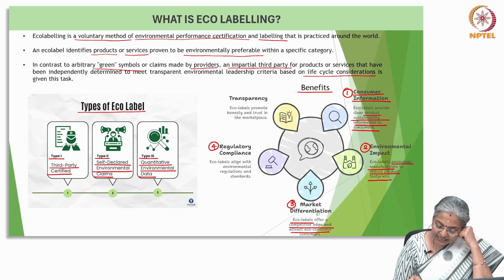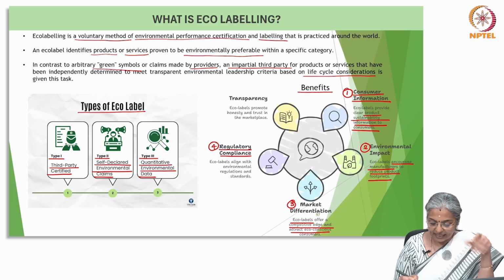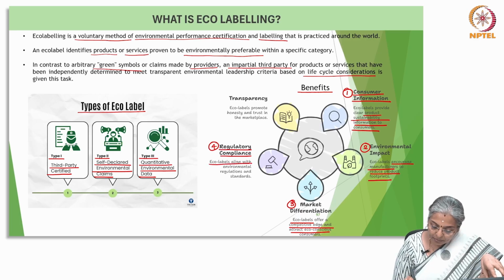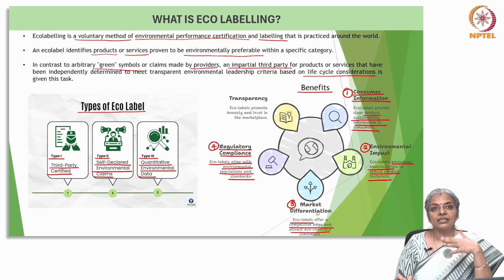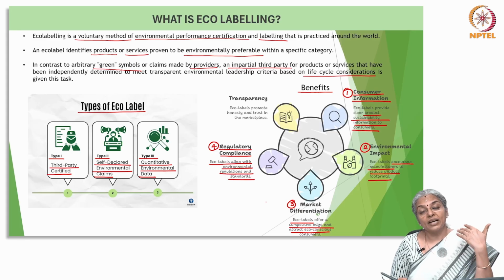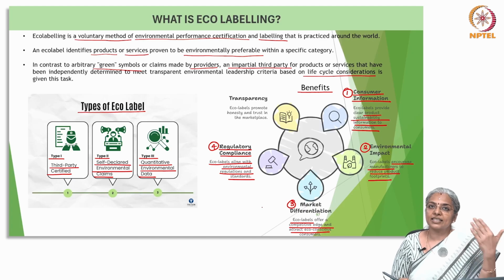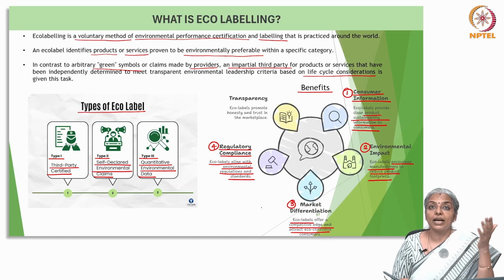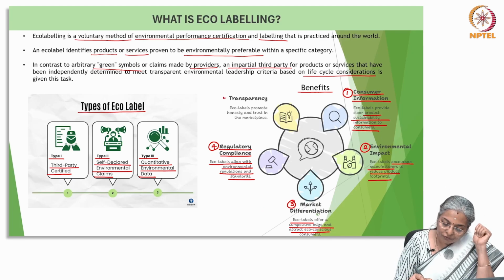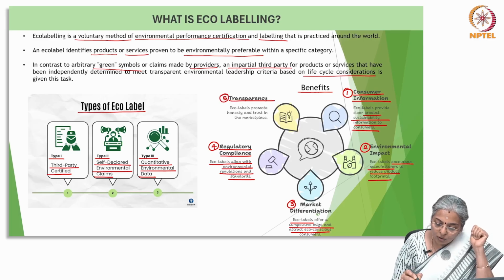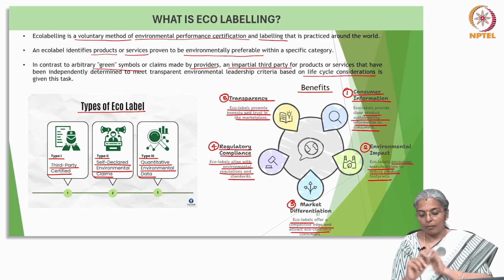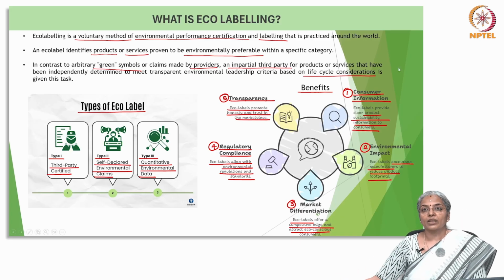Fourth benefit is the regulatory compliance. That is, these eco labels will align with environmental regulation and standards, and therefore their benchmark for environmental sustainability will be very, very high. And fifth is transparency. Eco labels will promote honesty and trust in the marketplace.